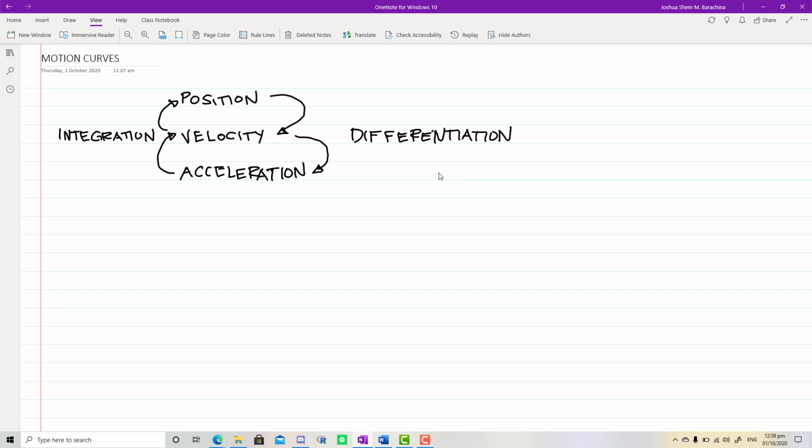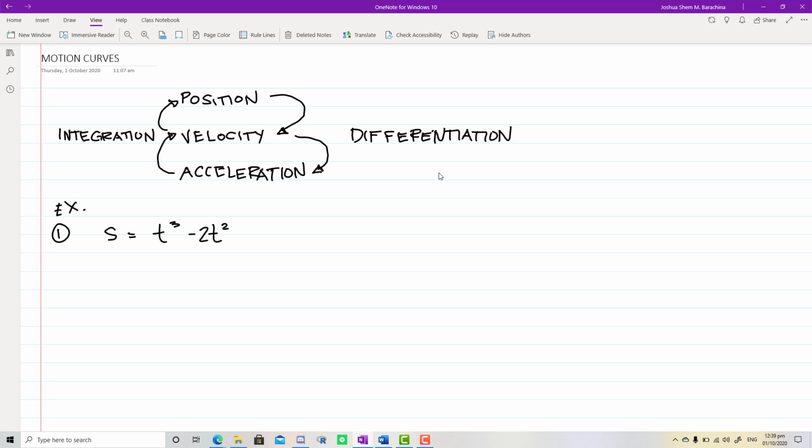Okay? So let's try to demonstrate it. For example, number 1. We are given the position equation in terms of time. Para t raised to 3 minus 2t squared. This is the position equation.